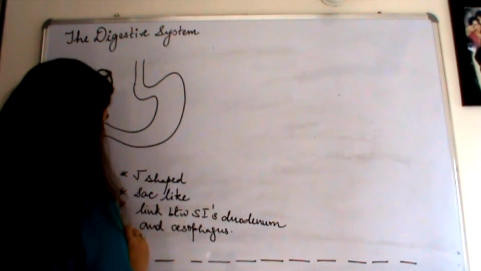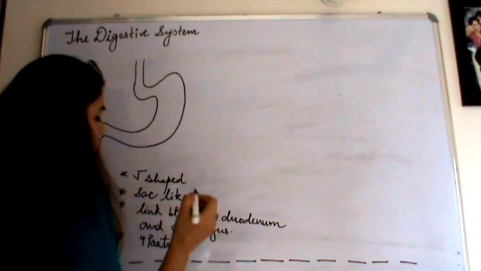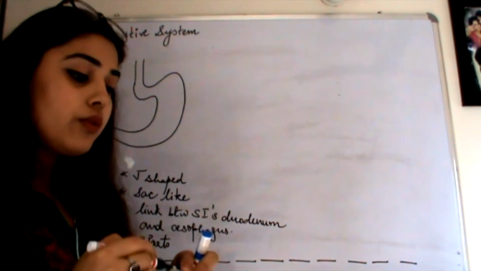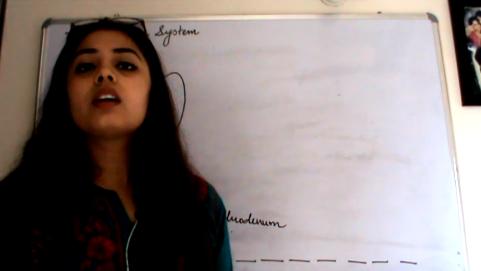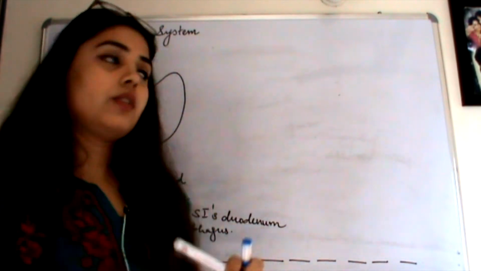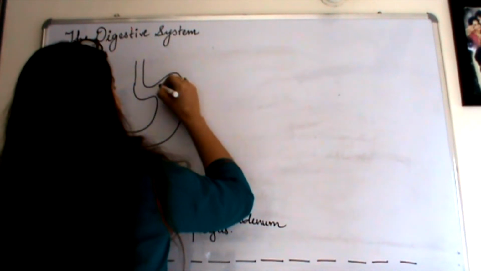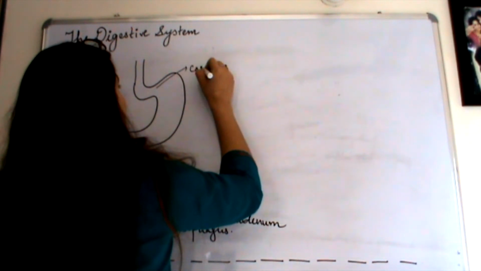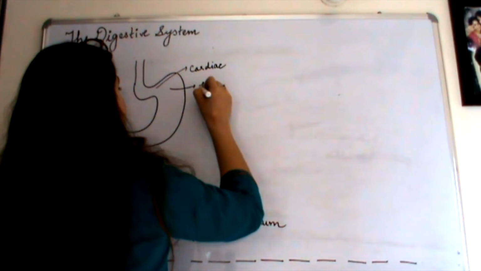Right? It consists of 4 parts. So what are the 4 parts? The 4 parts are basically cardiac, fundic, pyloric, and corpus. Let's just write it down. This is the cardiac, fundic.